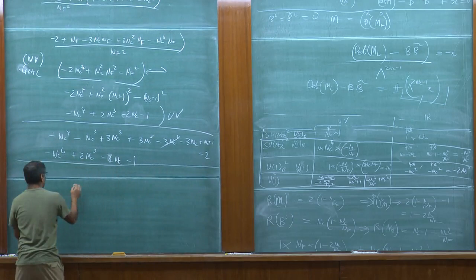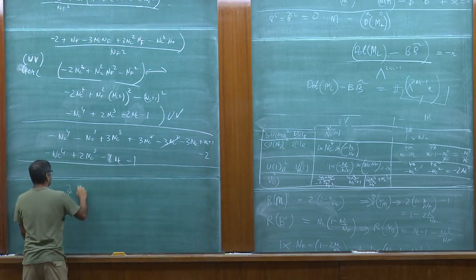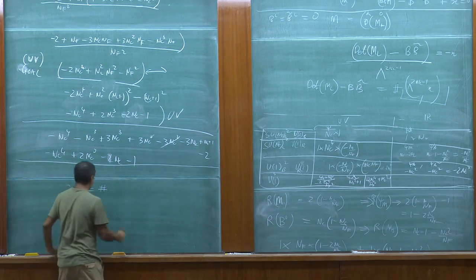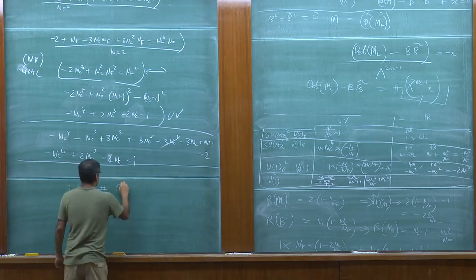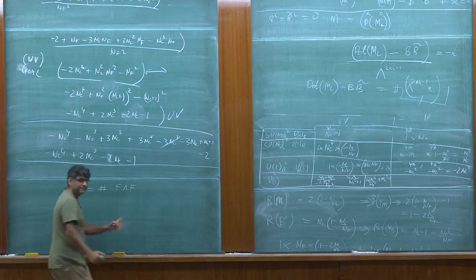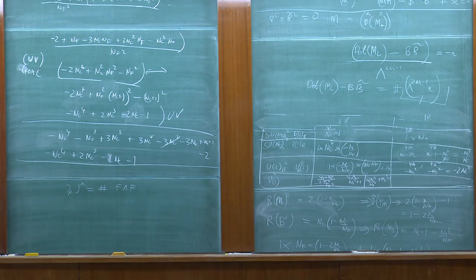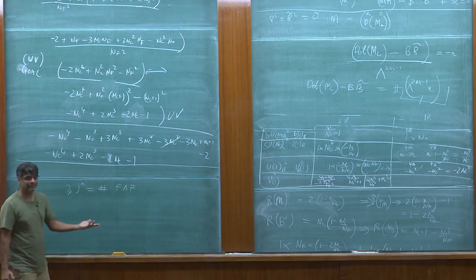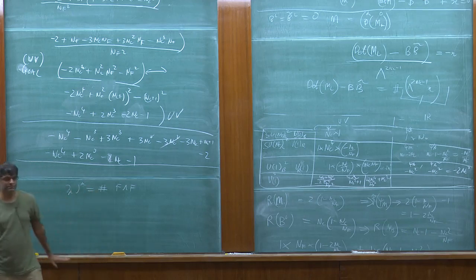What we have is del mu j mu equal to some number times f wedge f. The statement that the current is anomalous means this number is non-zero.